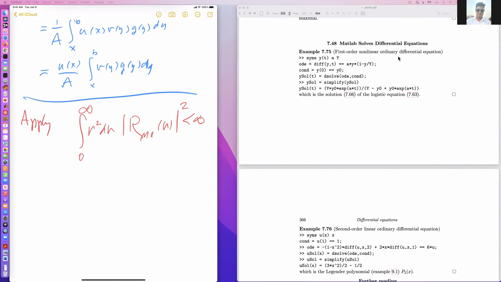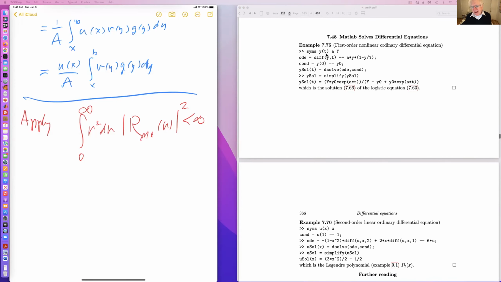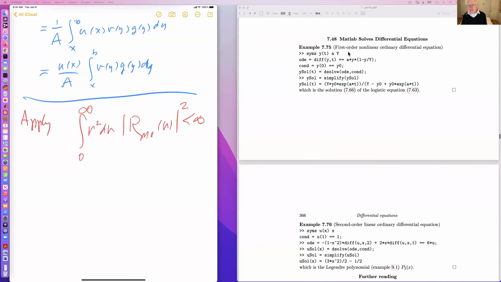So here's a first order nonlinear ordinary differential equation. And what you do is you first have to tell MATLAB what your symbolic variables are. These are the function you want to find together with any constants that you are going to use, constants that are abstract as opposed to actual numbers.